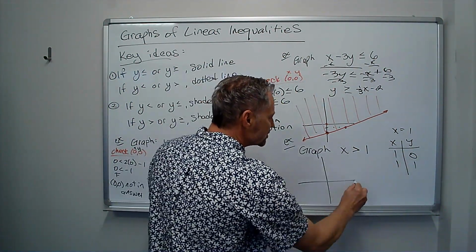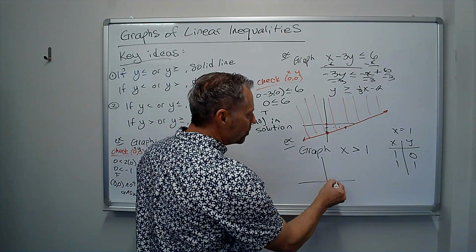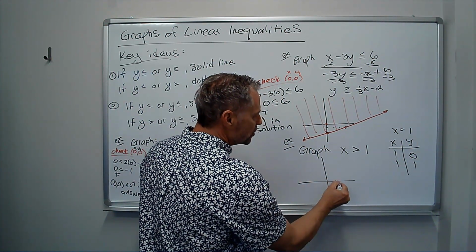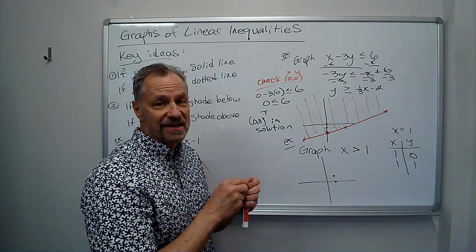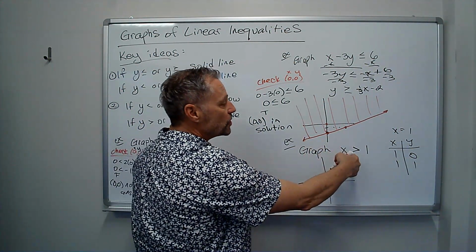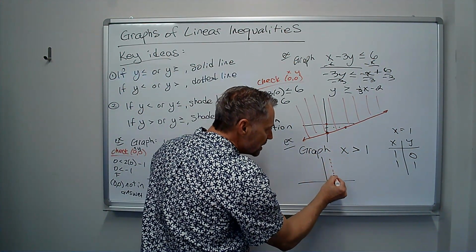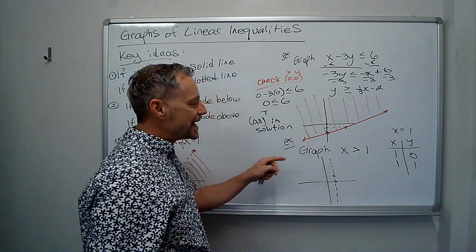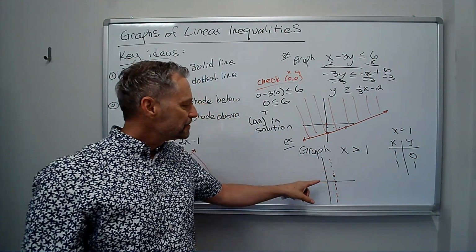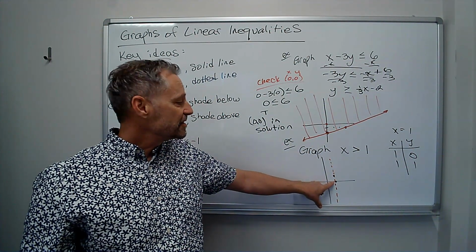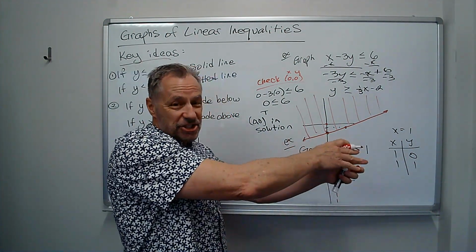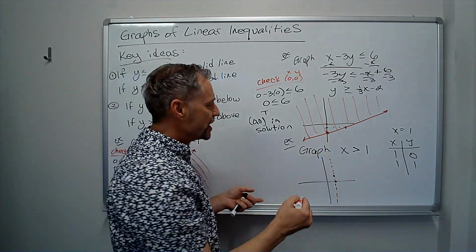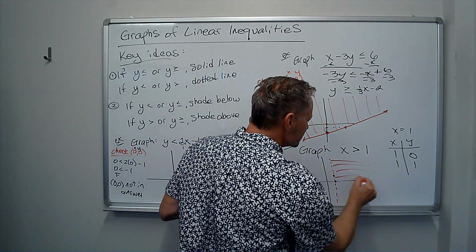So if I draw this graph and I go over to 1, 0, and I go to 1, 1, oh, it's a vertical line. Remember, anytime you have x equals, it's a vertical line. There's no equal there, so it's still a vertical line, but it's dotted. And it's greater than, well, if this was x is 1, a number greater than 1 might be 2 or 3 or 4 or 5. So if it's just x greater than, it's going to be to the right. So my shaded region is this way.